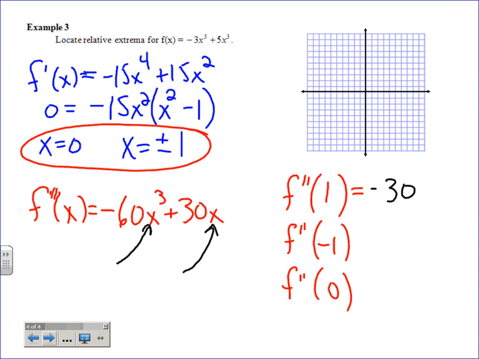Then you plug in negative 1. Negative 1 to the third is negative 1, times negative 60 is 60, so 60 minus 30, you get a positive 30. Is that right? Something doesn't seem right, but we'll keep going. You put 0 in and you get 0.